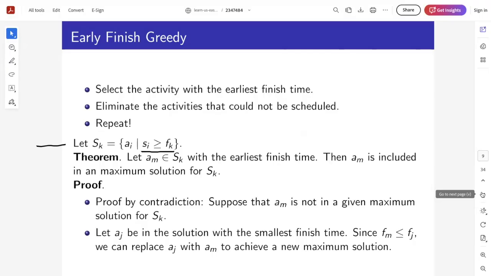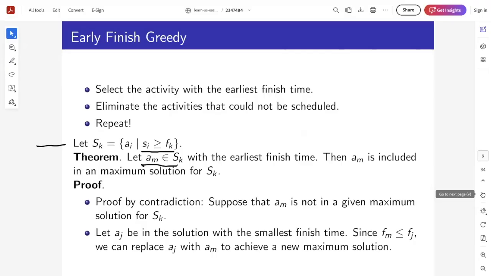In order to show this, we want to show the following result: suppose this activity AM in SK has the earliest finish time, then for any maximum solution you can have for SK, we can always find another optimal solution such that AM is in that solution.